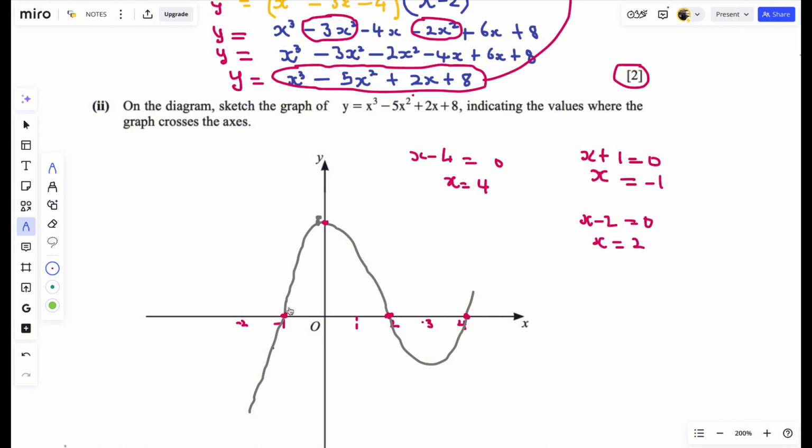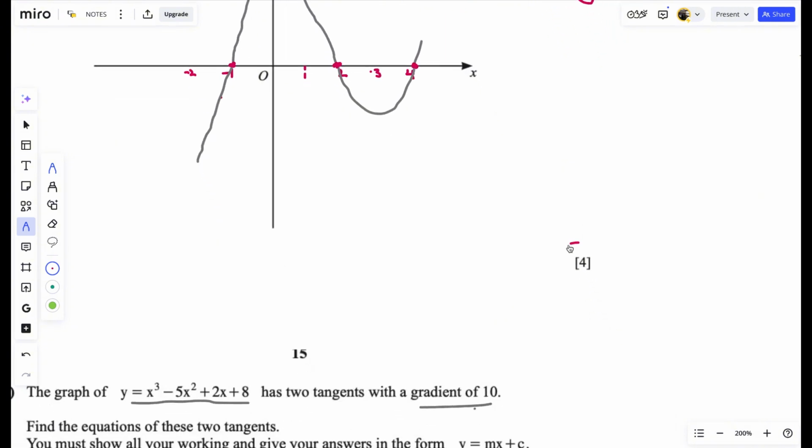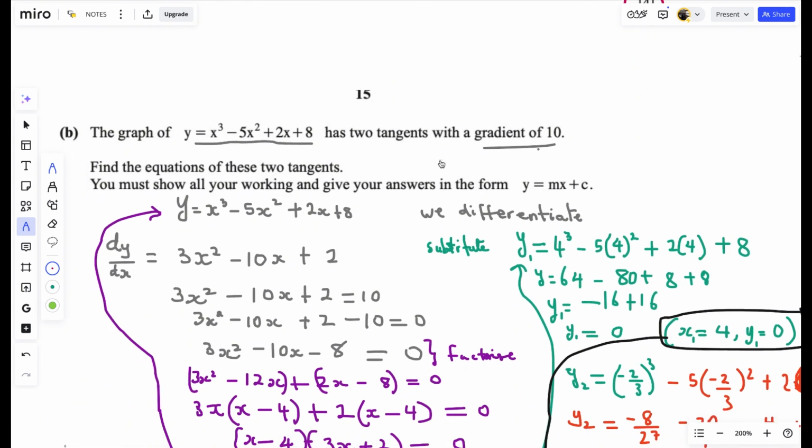The next thing to do is to sketch a line from negative 1, on the y-axis to touch 8, and then come down, pass through 2 because 2 is part of the roots, and then bring it back to pass through 4, because 4 is part of the roots. So that's your sketch. You are able to get about 4 marks just for being able to do this. Is that okay? Now let's move on to the next question.